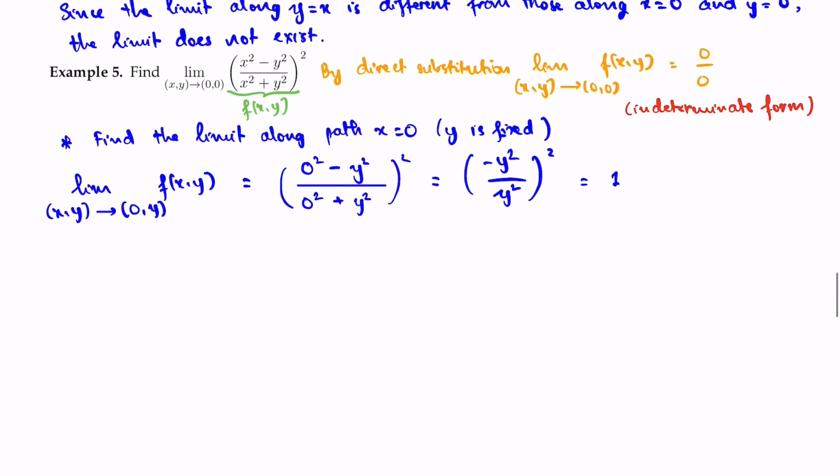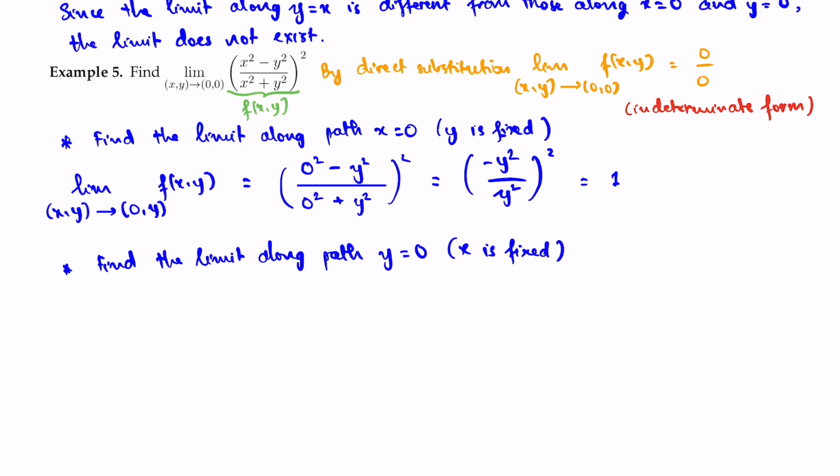Now we're going to find the limit of the function along path y equal to 0. In this case, x is fixed. So you want to find the limit of the function f(x,y) as (x,y) approaches (x,0).